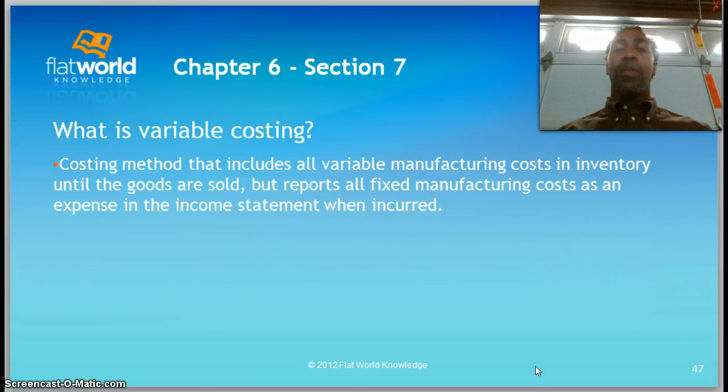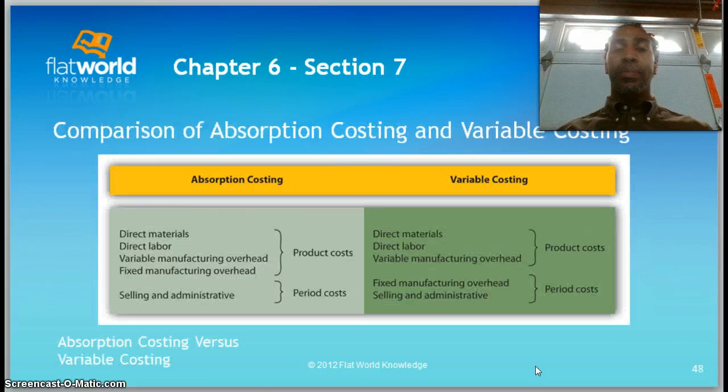So for some companies, variable costing works a lot better. And this is just a comparison between the two, exactly what we just said. So in absorption costing, you have direct materials, direct labor, variable manufacturing overhead, and fixed manufacturing overhead, which are all your product costs, and selling and administrative, which is the same on both sides. That's going to be your period costs. Over here, you have direct materials, direct labor, variable manufacturing overhead.